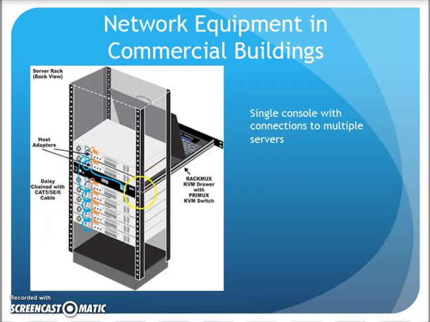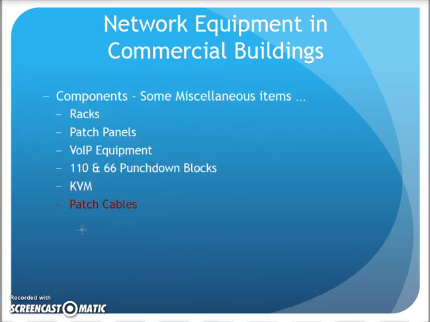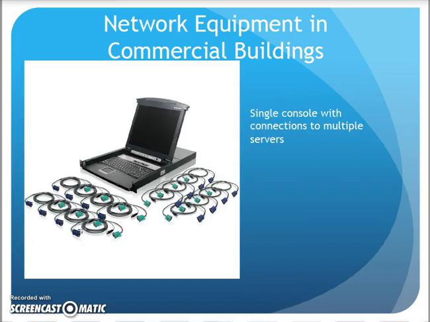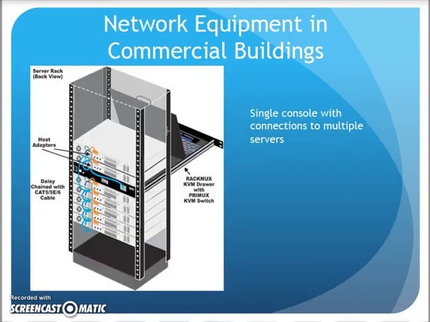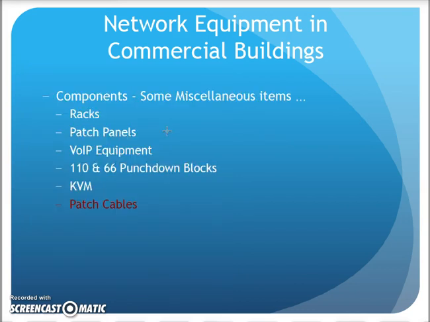So that little console comes in here, and it has connections to go to a number of different servers that you might have in your rack. And that allows you to use that one console to connect to any one of them. Okay, that's your KVM switch, very common. So when you start seeing a closet with this kind of keyboard and screen, chances are it's a KVM to connect you to multiple devices in the rack.